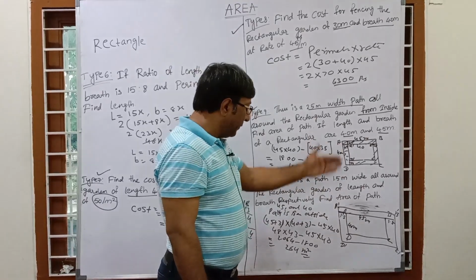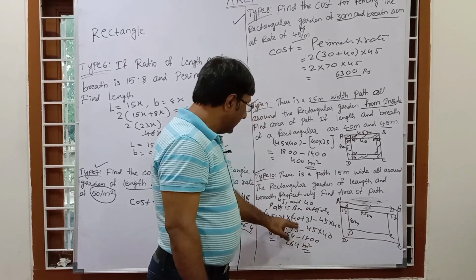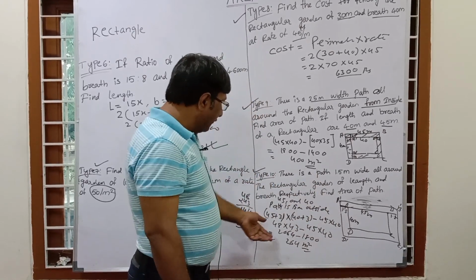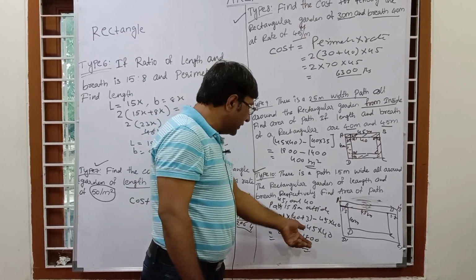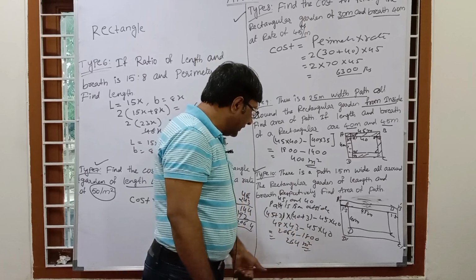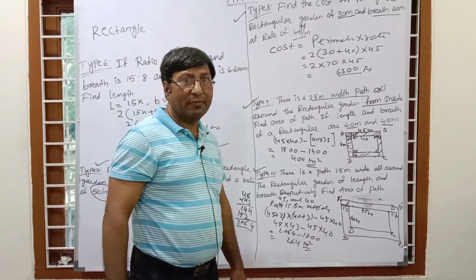So 45 plus 3. In the same way, 40 plus 3, minus 45 into 40. So 48 into 43 minus 45 into 40. This is 2064 minus 1800. 264 meter square is the correct answer.